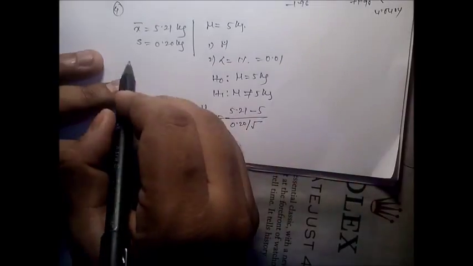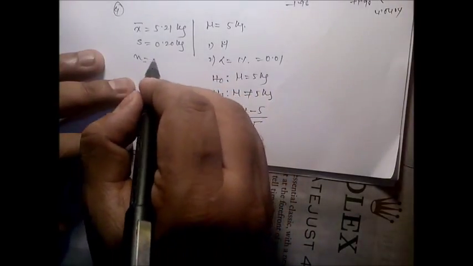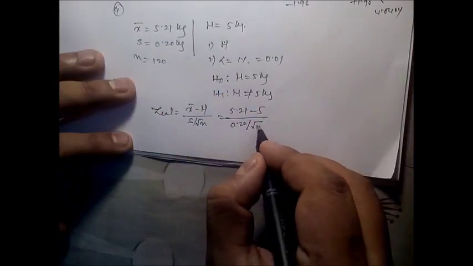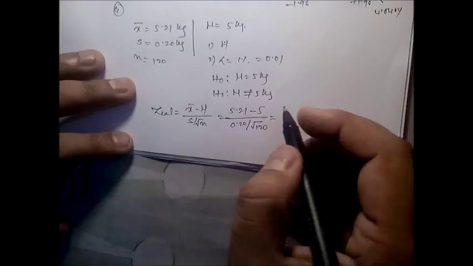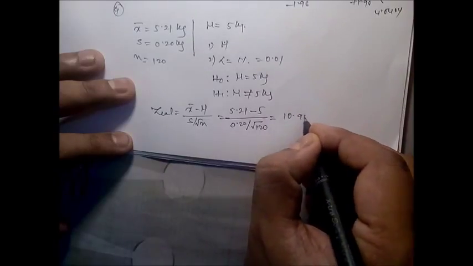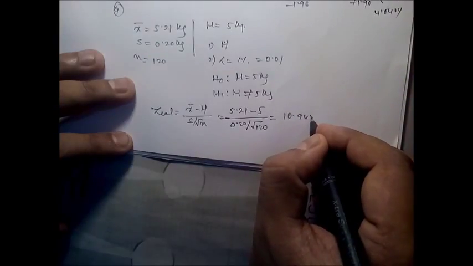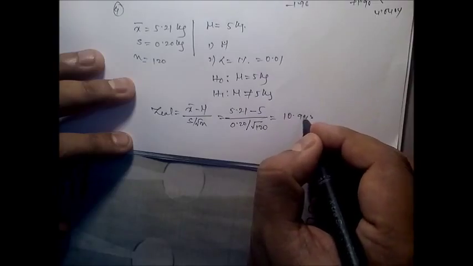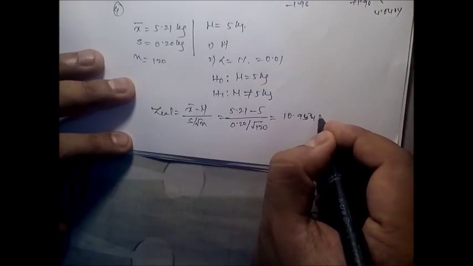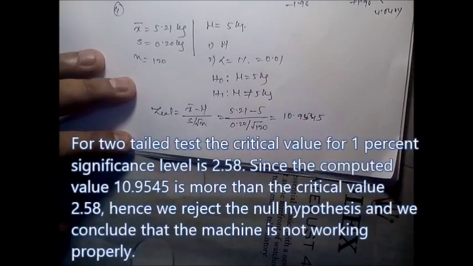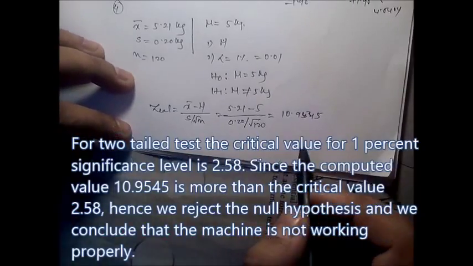N is the total number of bags, here 120 bags, and its value is 10.9545. For a two-tailed test, the critical value at 1% significance level is plus minus 2.58.